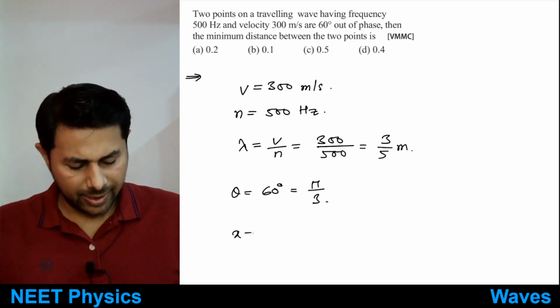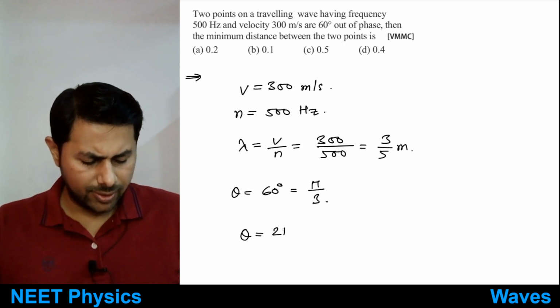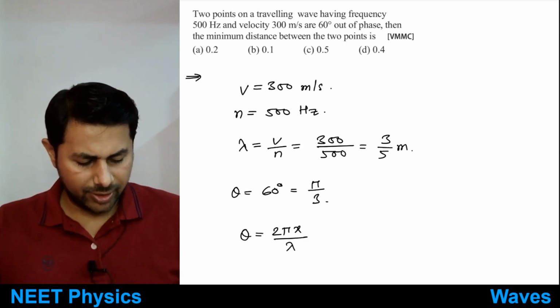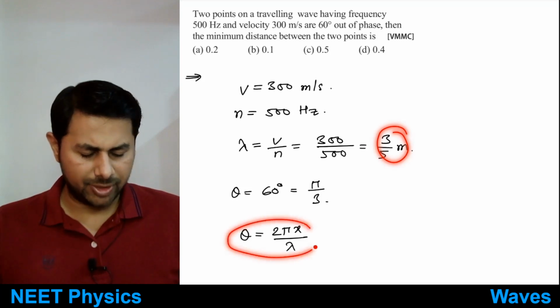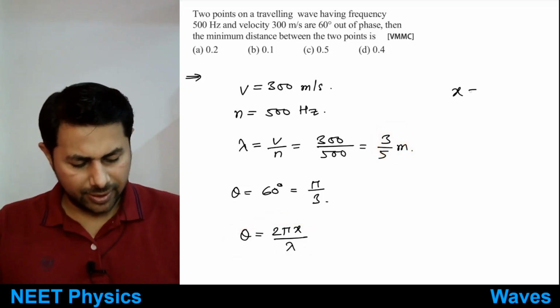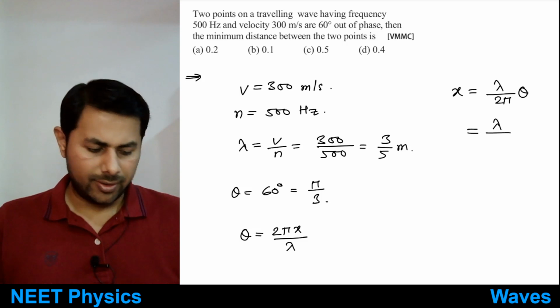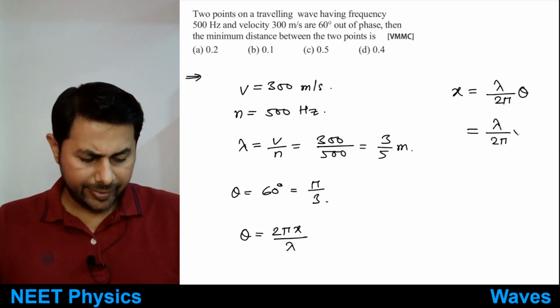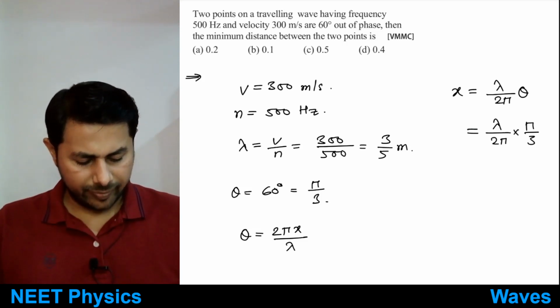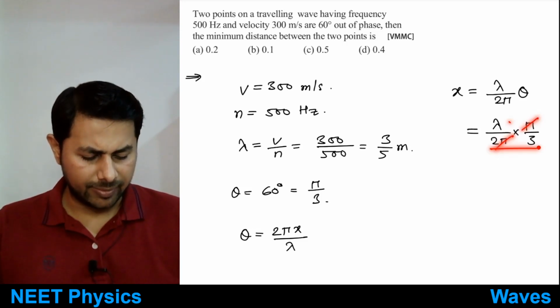So we have theta equals 2 pi x by lambda, because here we have lambda, so we'll make use of this formula. Okay, so x is equal to lambda by 2 pi multiplied with theta, so that is lambda by 2 pi into pi by 3, that pi and pi get cancelled, so it is lambda divided by 6.